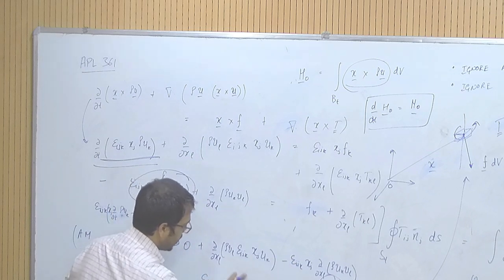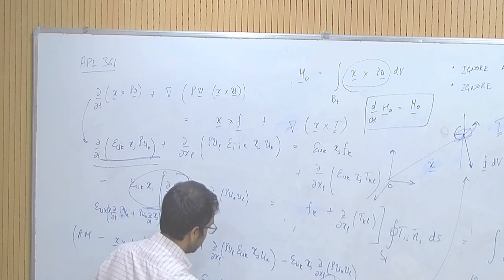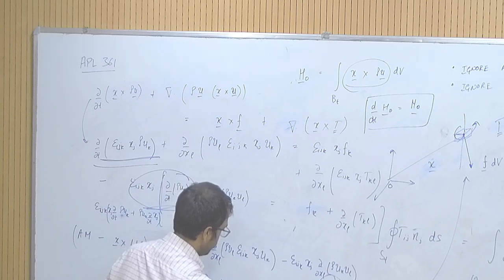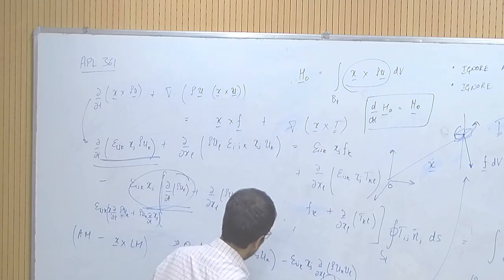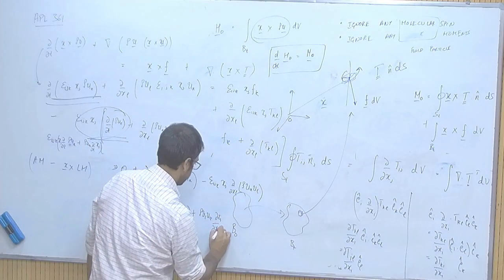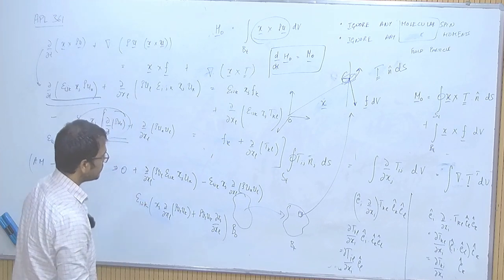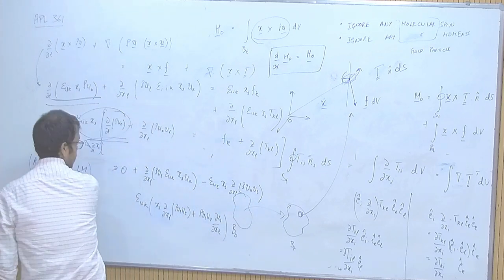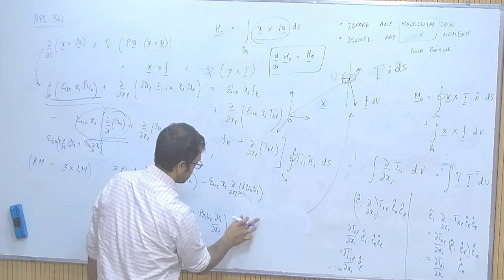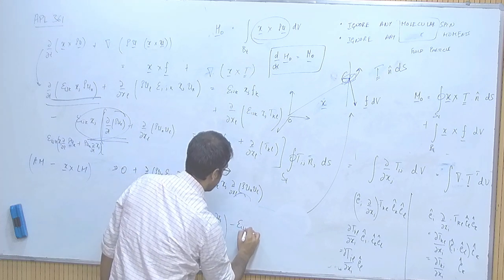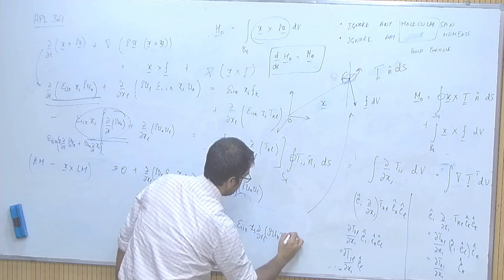Okay, so I am going to write using the product rule xj del by del xl of rho ul uk plus rho ul uk del xj over del xl, minus epsilon ijk xj del by del xl of rho uk ul.